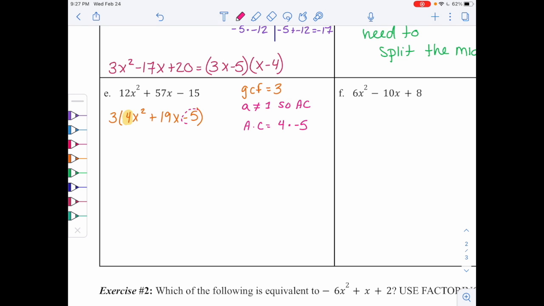The sign matters. It's negative. That's -20. Oh, wow, guys, look at this. Factors of -20 that add to 19. Bless, way easier than -180. How about 20 and -1?